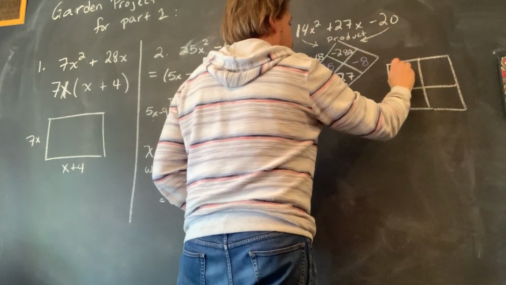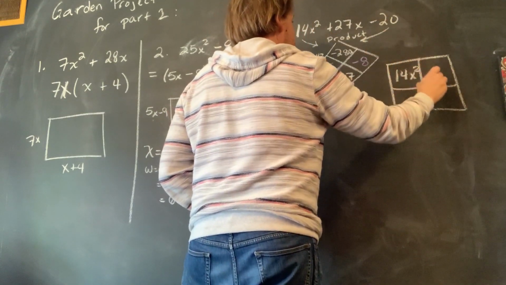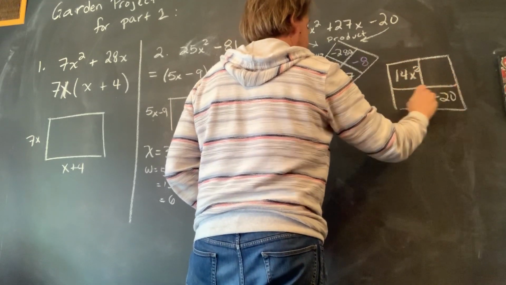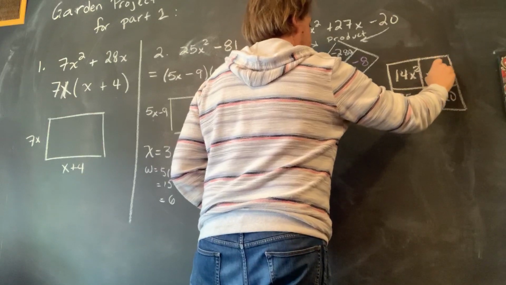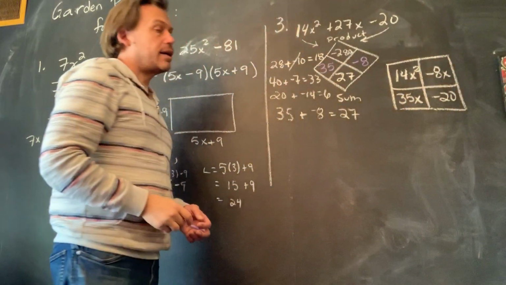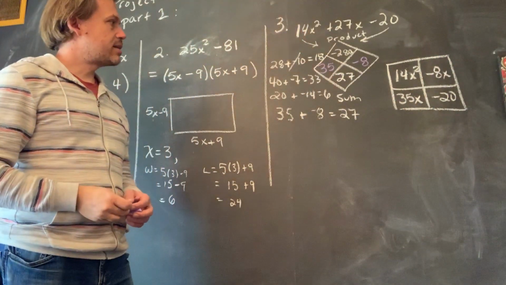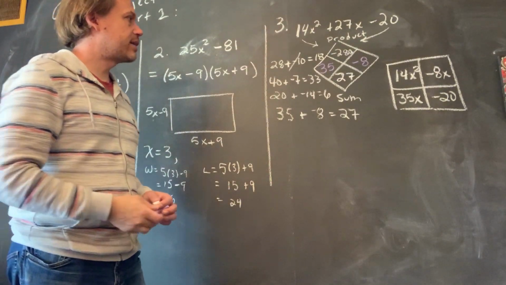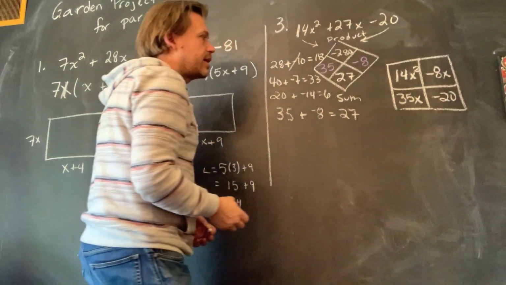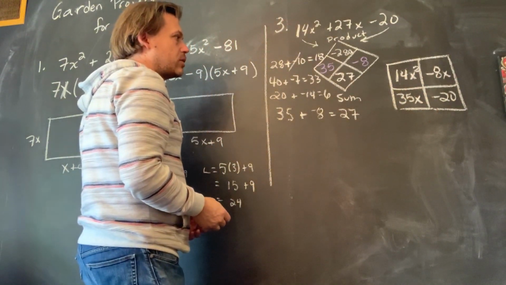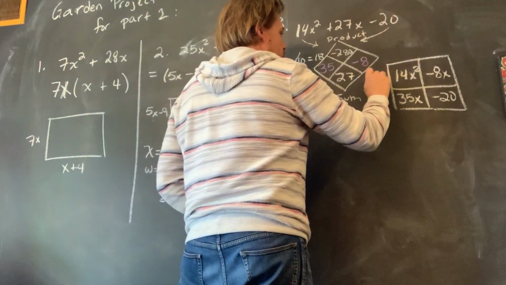So in the top left corner, 14x squared, the bottom right is negative 20, and then I've got 35x and negative 8x. And on the sides of the box are my greatest common factors. So 14x squared and negative 8x. 14 and 8, they're both divisible by 2. That's it. So I'm going to put a 2x.